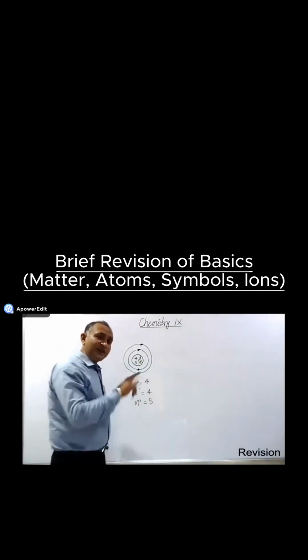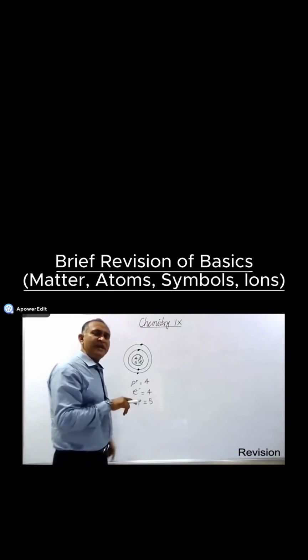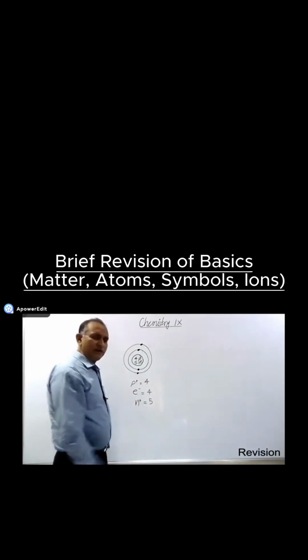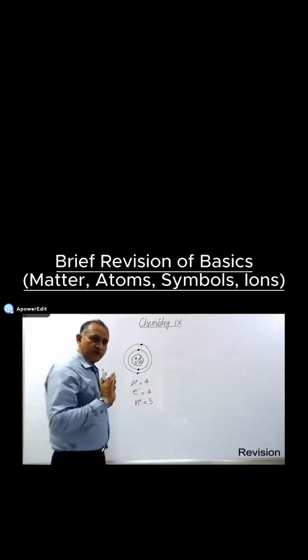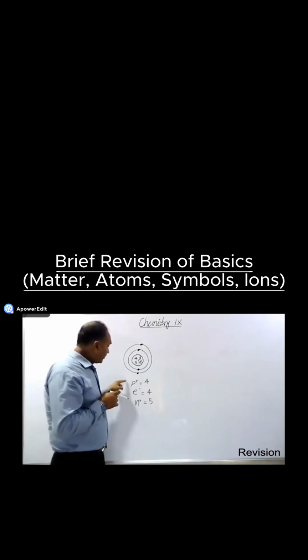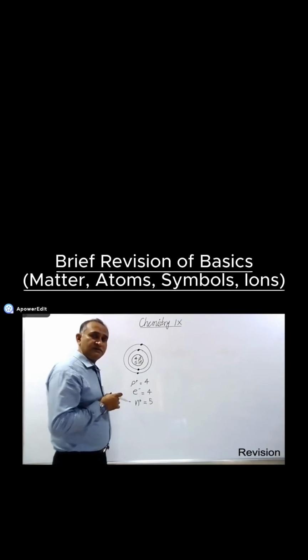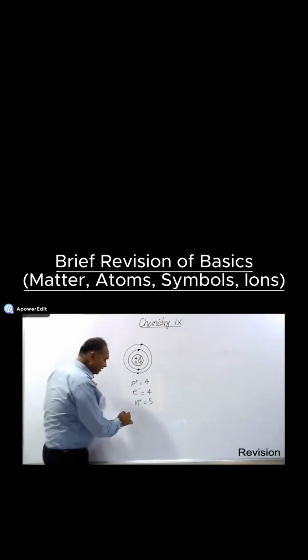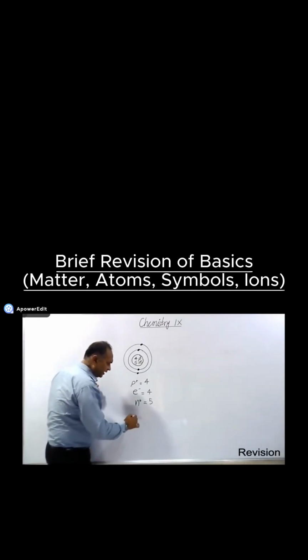What could be the name? 4 protons, if you see the periodic table, then an atom with 4 protons is called beryllium. So this is an atom of beryllium. Okay? So mathematically, what can you see here? That the protons and electrons are equal. Okay? So how will we write this?